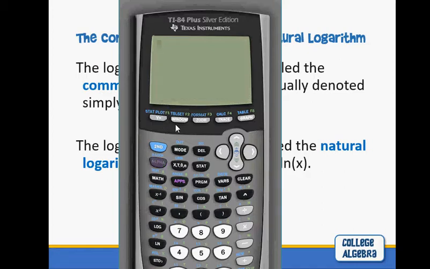But if you do alpha and the window button, the second one, you get some different function setups. And if you go down to number 5, this is also buried in the math menu, but this is a shortcut. If you hit alpha and the window button, you get the template to do logs of other bases. So if you wanted to do like log base 3 of 9, you could do that.